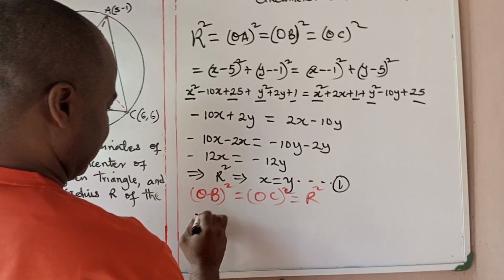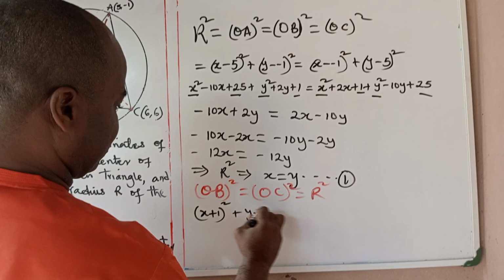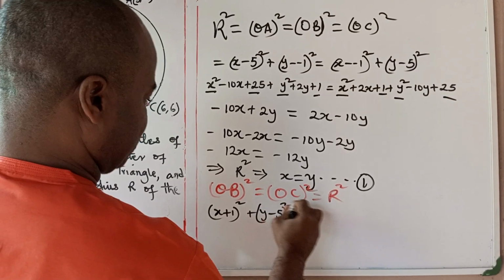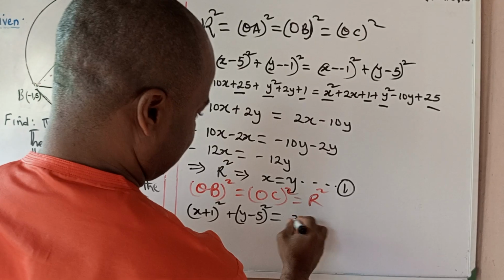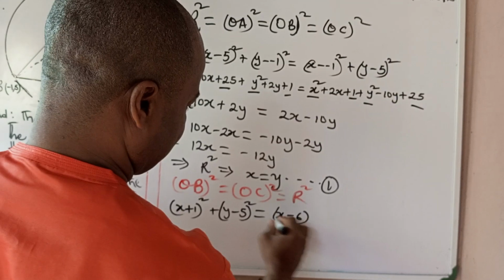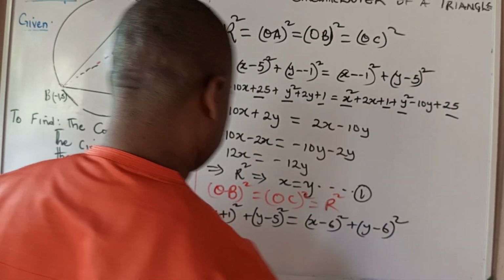So we have x plus 1 squared plus y minus 5 squared is equal to OC, that is x minus 6 squared plus y minus 6 all squared.